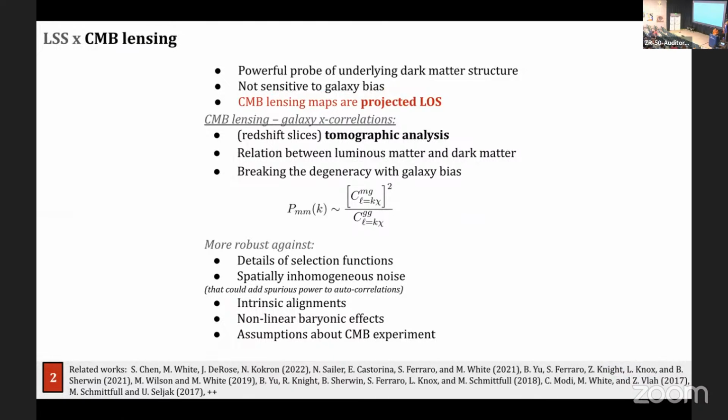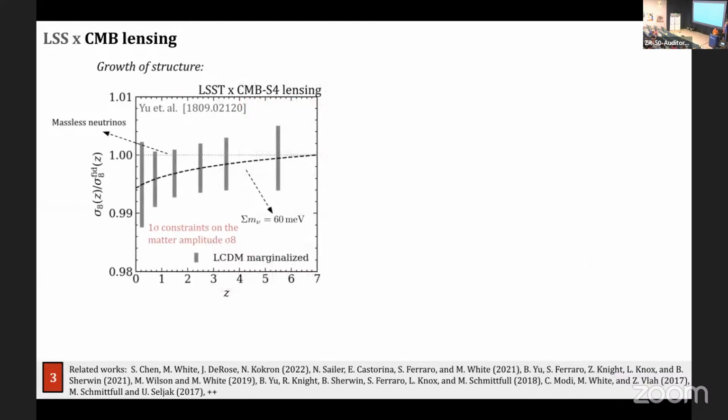So measurements of the matter power spectrum, of course, are very useful to measure the growth of structure. So with CMB lensing and galaxy cross correlations, we can measure sigma 8 to high precision, which of course sees a suppression due to massive neutrinos.